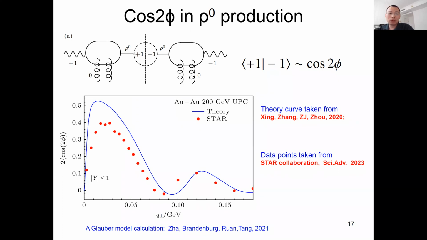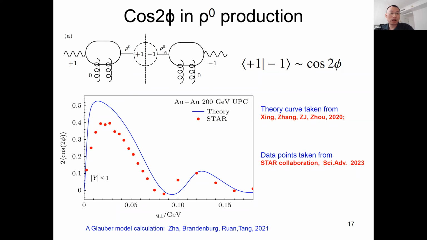So on the left side of the cut, this incoming coherent photon carries 1 unit of spin angular momentum. So on the left side of the cut, this dipion system carries 1 unit of orbital angular momentum.